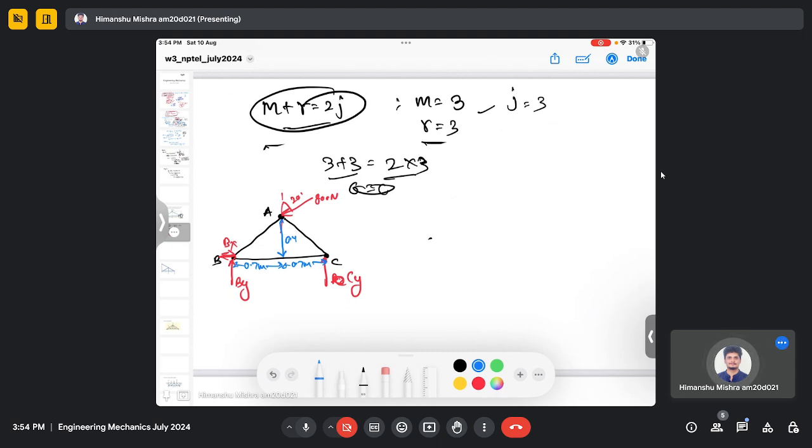Okay, so now first consider joint A. So this is my joint A, and it is very advisable to define your Cartesian coordinate system. So here it is x and y, and this is the force 800 Newton.